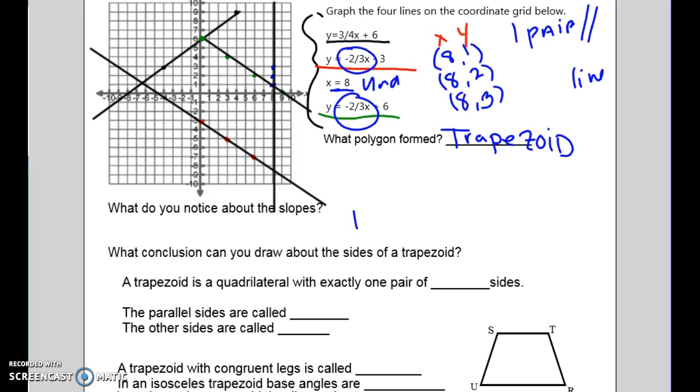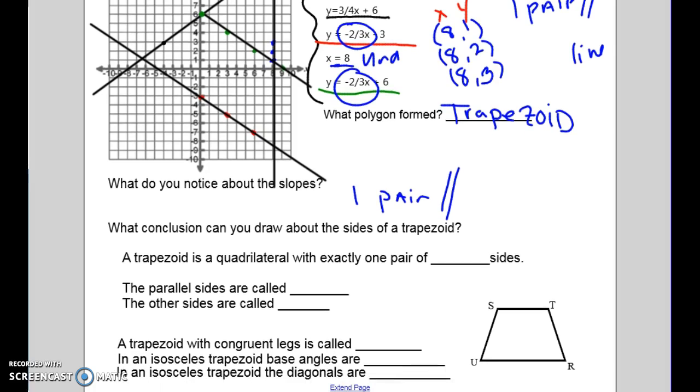We just said we had 1 pair of parallel. What conclusion can you draw about the sides of the trapezoid? They don't have to be equal. Not congruent. Okay? A trapezoid is a quadrilateral with exactly 1 pair of parallel sides.